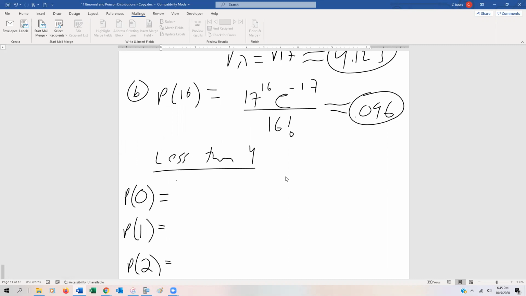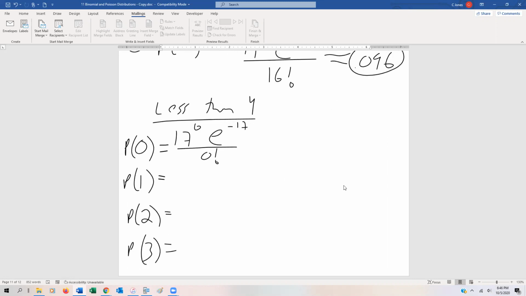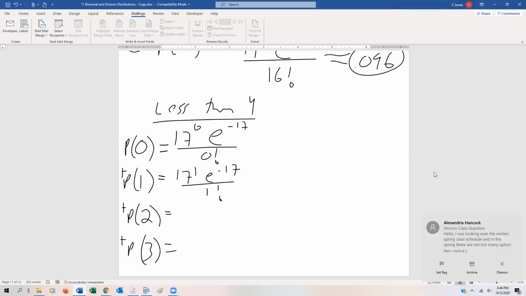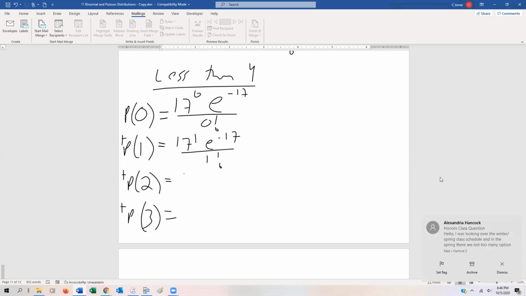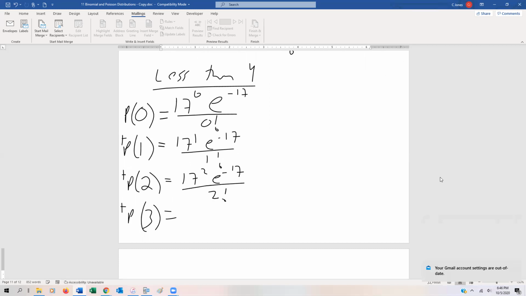This is lambda to the x, so 17 to the 0, e to the minus 17 divided by 0 factorial. I'm going to enter all these in the calculator at once, because they're all going to be really small. Then 17 squared e to the minus 17 divided by 2 factorial, and finally 17 cubed e to the minus 17 divided by 3 factorial.